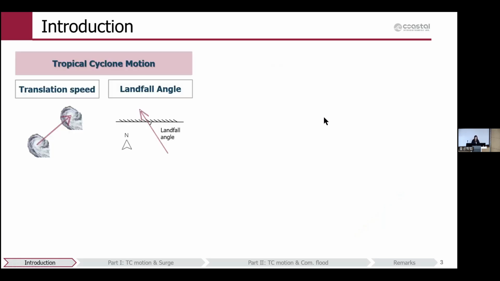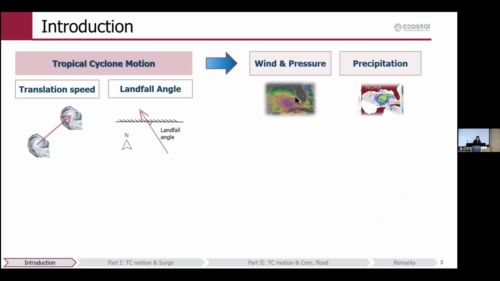Another terminology in my topic is tropical cyclone motion. In this presentation, I will focus on how the tropical cyclone movement will affect the storm surge and how its rainfall will affect the compound flooding, with a specific emphasis on the effect of the translation speed and the landfall angle.